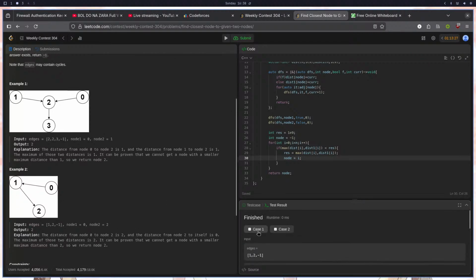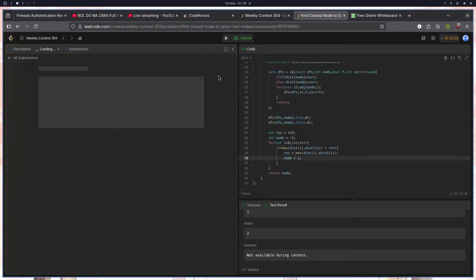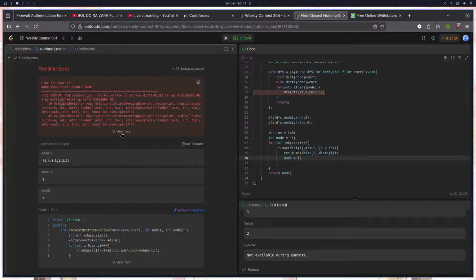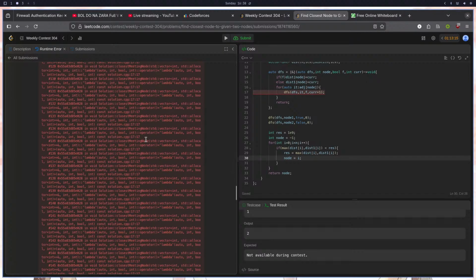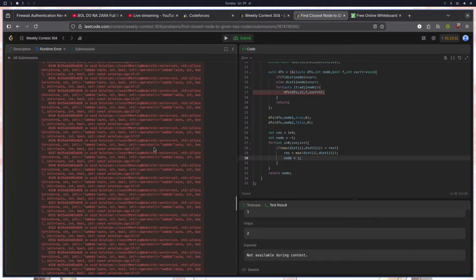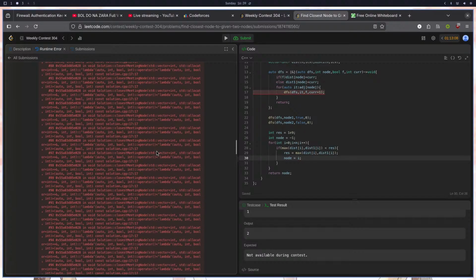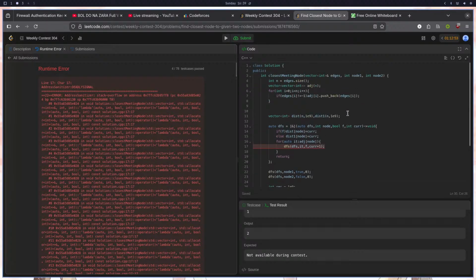Second, 2 should come here also, 2 should come here also, submit. Something is wrong here, in adjacency of node. What if here then here, oh I see, oh cycle.